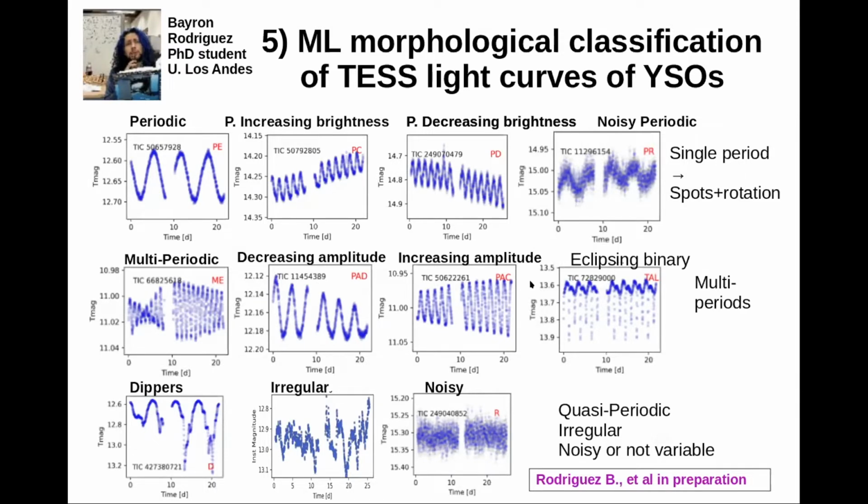This row has classes that could have multiple periods, including the eclipsing binary, because we can have the periodicity here and also the eclipse in the light curve. Also, we have the dippers, the regular, and the noisy, but the noisy could also be a non-variable star.